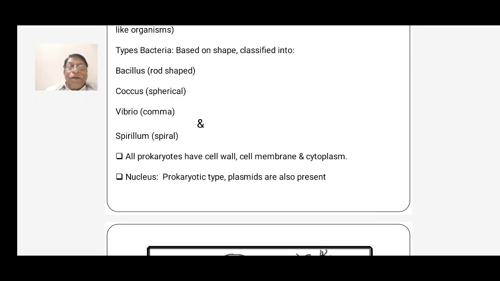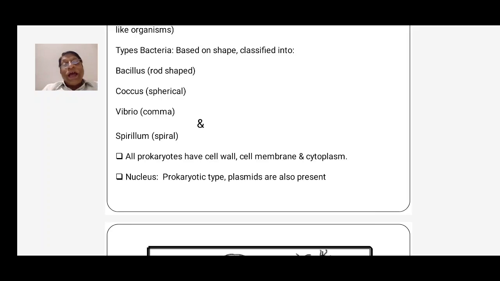The genetic material is naked. The genetic material means the chromatin is naked. Naked means it is not surrounded by nuclear membrane.